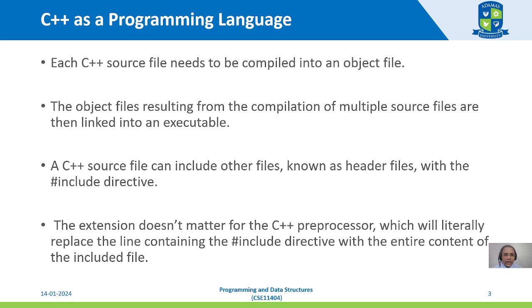When we are using cout and cin, the functionality of these is mentioned in the iostream header. So iostream, input output stream, contains the functionality of cout and cin both, and these source files also get compiled and linked into an executable file.